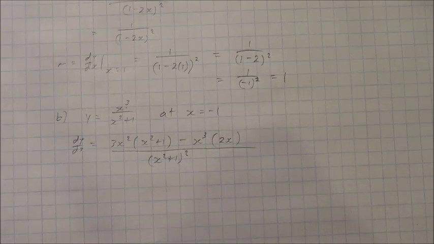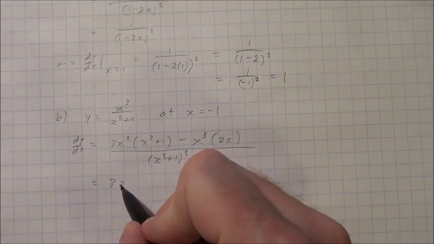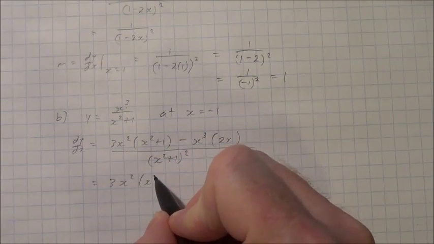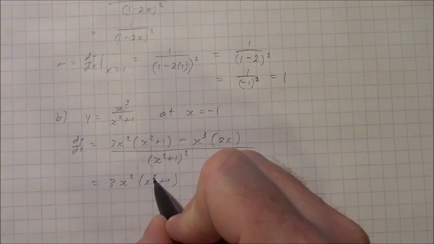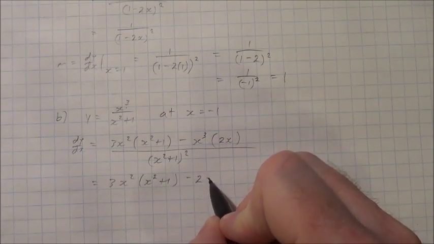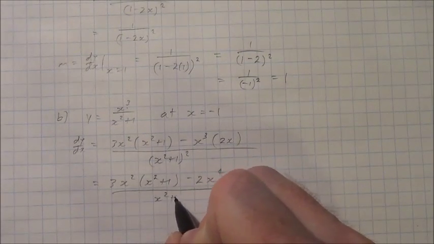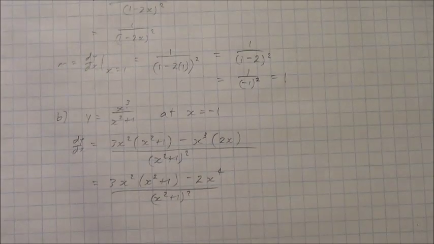So we'll see if we can simplify this a little bit. I don't have to do a whole lot here. I guess I could if I really wanted to, but I'll just leave this pretty much as it is. I'll just bring this together to get negative 2x to the power 4, and leave the denominator like that.